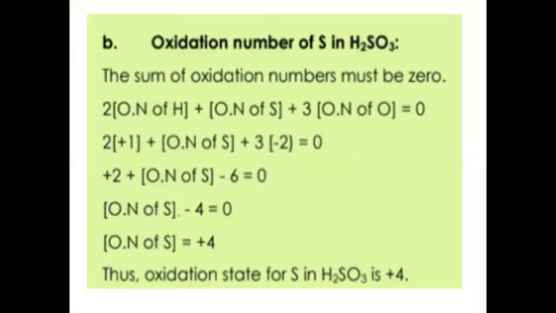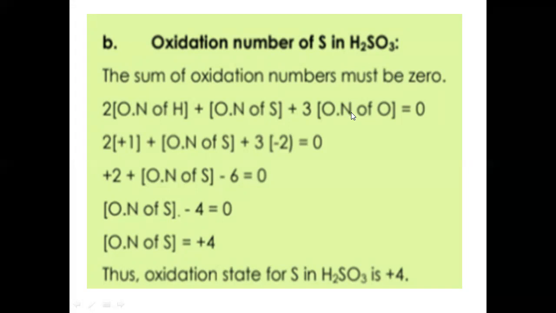B part, the oxidation number of sulfur in sulfurous acid. H2SO4 is sulfuric acid and H2SO3 is sulfurous acid. We have two hydrogen atoms, so 2 into oxidation number of hydrogen plus oxidation number of sulfur, and we have 3 oxygen atoms, so plus 3 into oxidation number of oxygen.